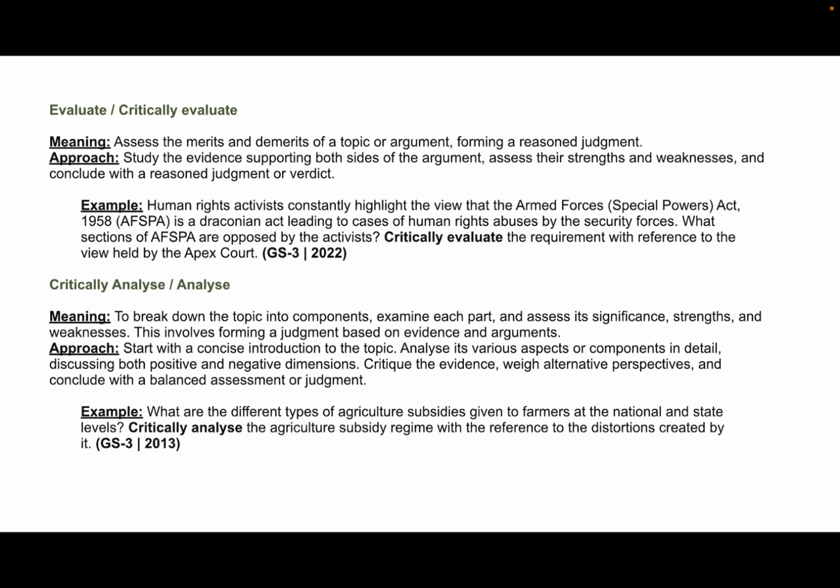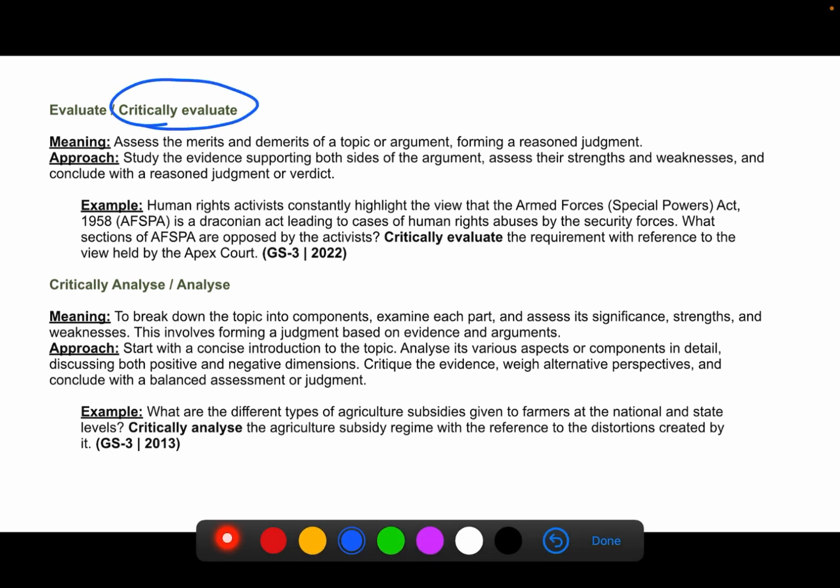Next, here come our most important directives: evaluate and critically analyze. These are the most important directives in this whole topic of understanding directives. The term critically evaluate essentially focuses on the negative aspects or demerits of the given question.